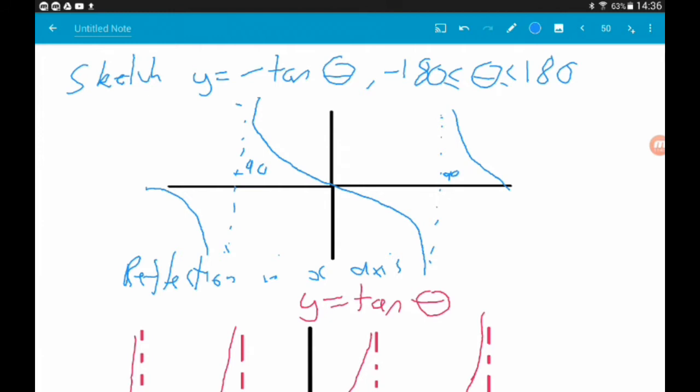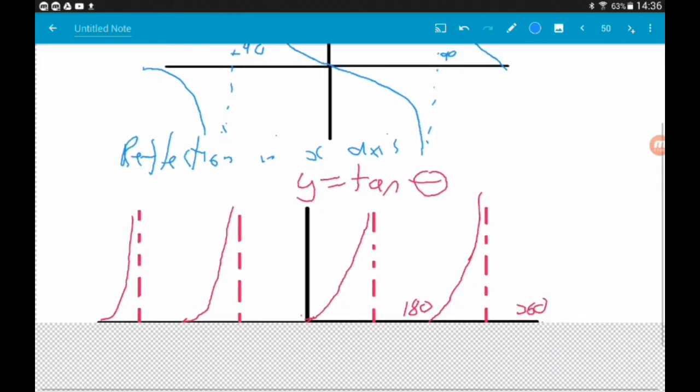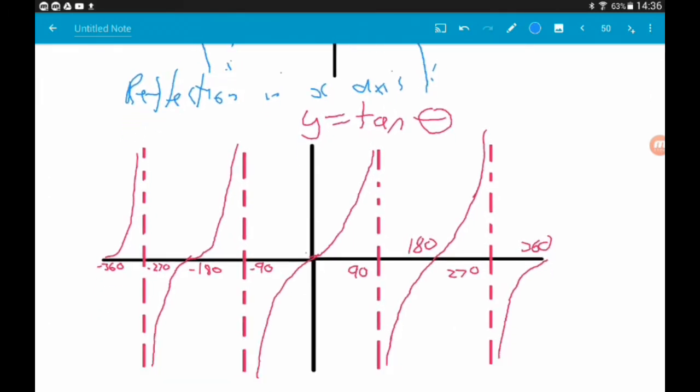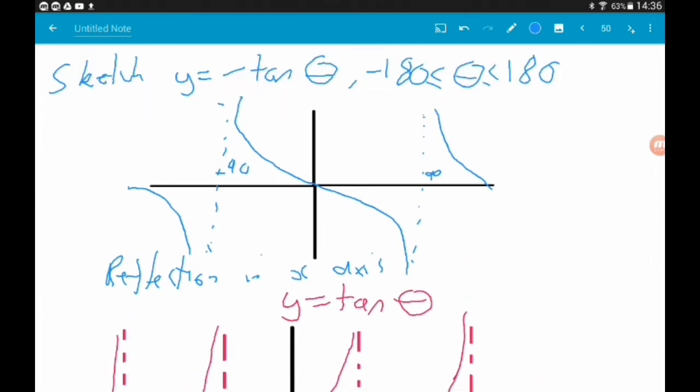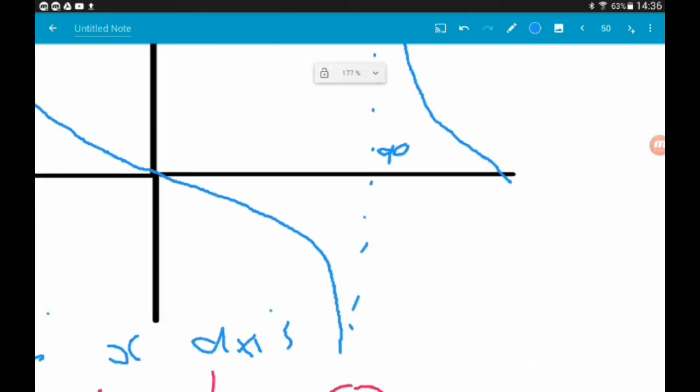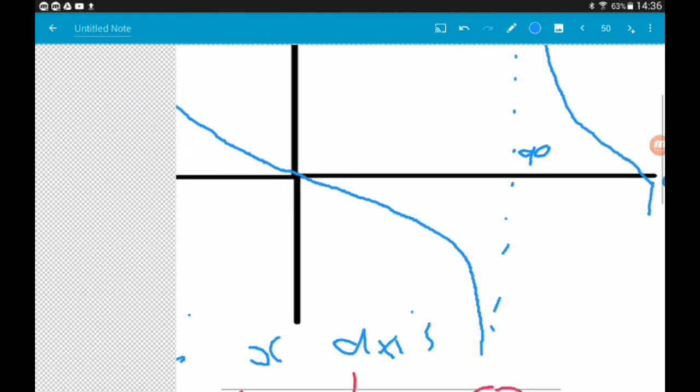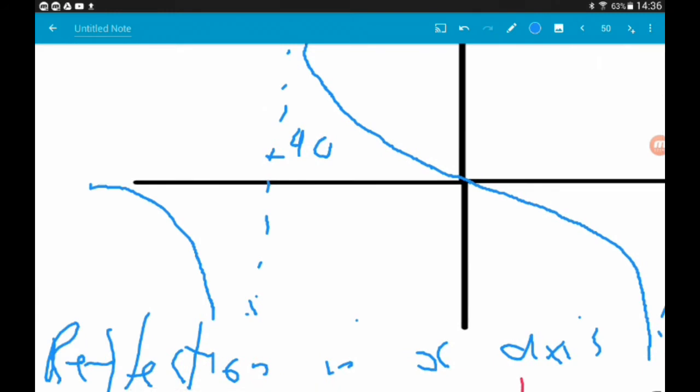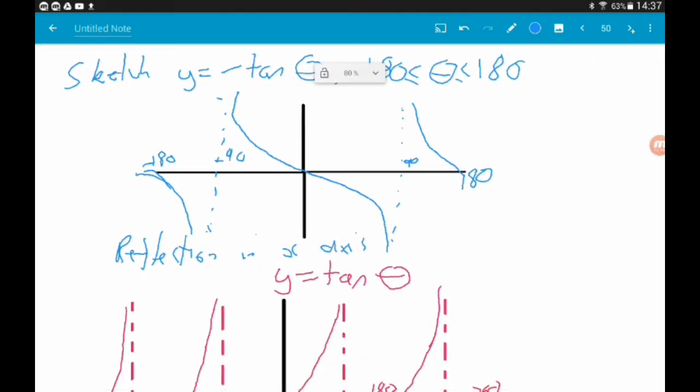So where tan of theta is positive, minus tan of theta is negative, and vice versa. So hopefully you can see it's a mirror image of this guy. So this would be 180, and this point back here would be minus 180, where it cuts the x-axis. So that would be a nice sketch of y equals minus tan theta.